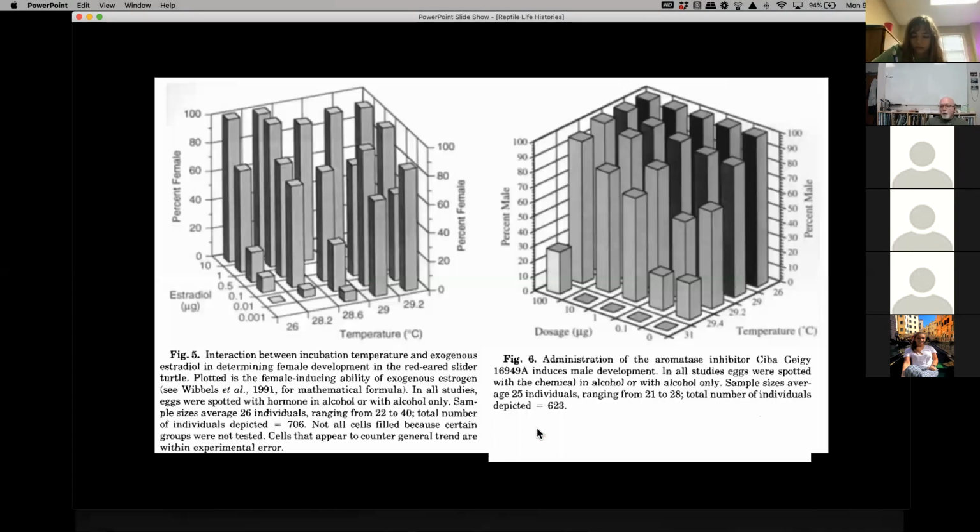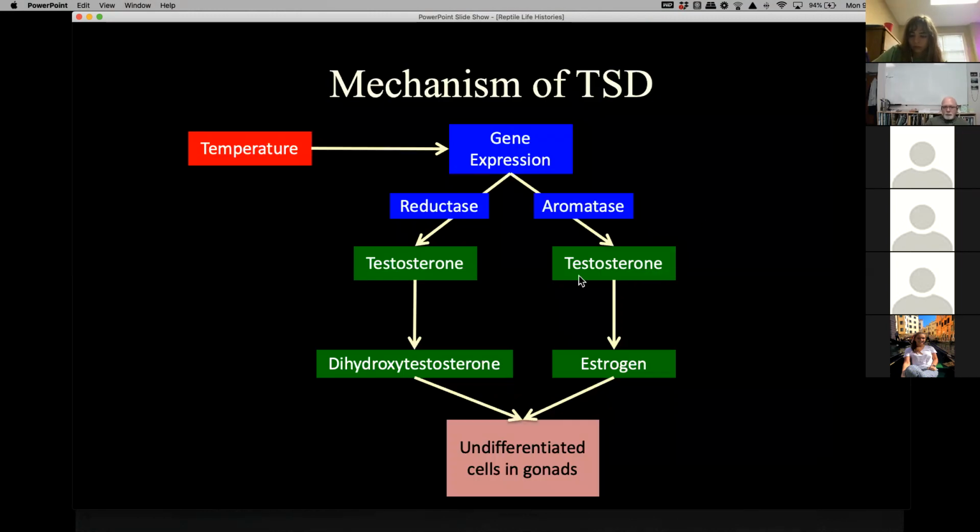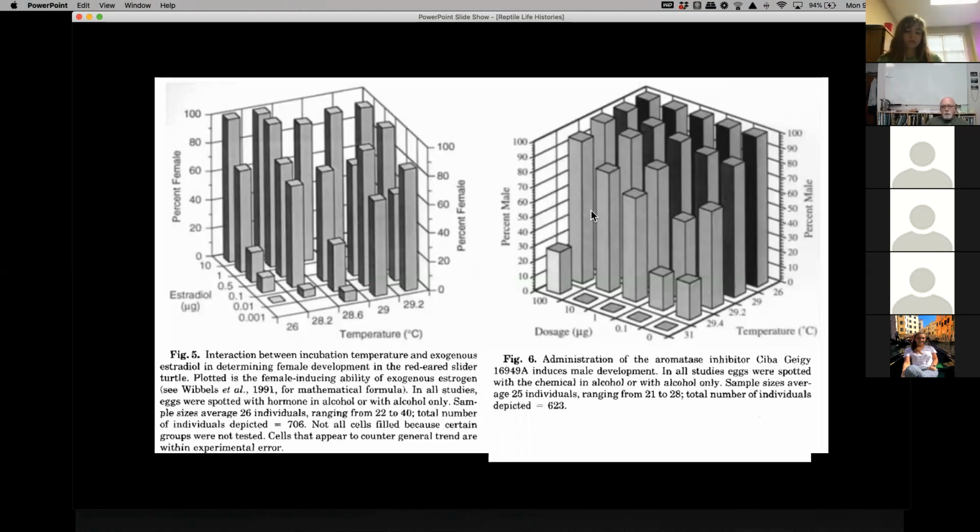And so you can overcome the effect of temperature-related gene expression by either inhibiting one type of enzyme or adding a particular hormone, which once again indicates that it really is the production of these hormones that is regulated by enzyme activity, that is regulated by temperature-dependent gene expression of these two enzymes being produced. So that's that whole figure.